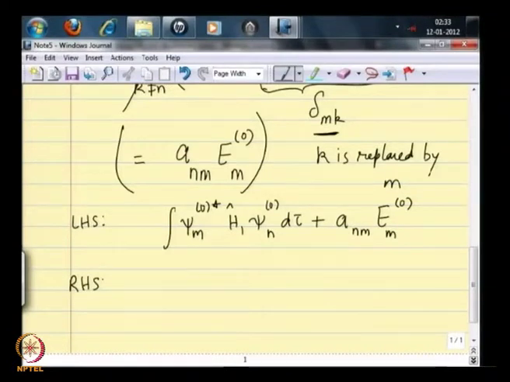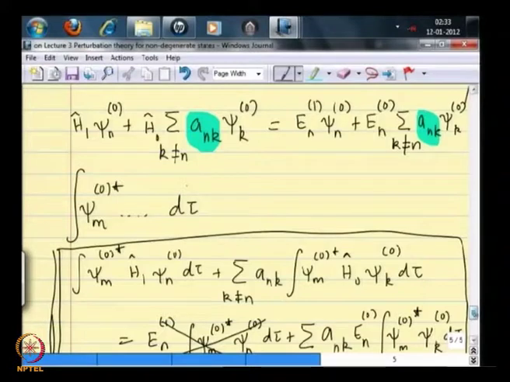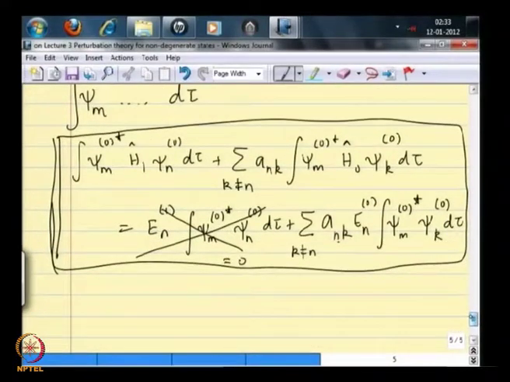Okay. Now, again if we look at the right hand side of the result that we had written down, there is again only one term, which is a n k, k not equal to n, e n 0 psi m 0 star psi k 0 star. Okay.